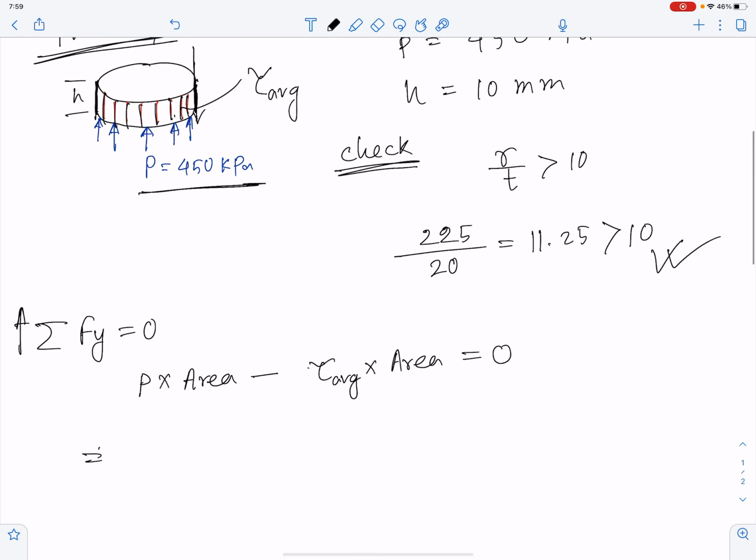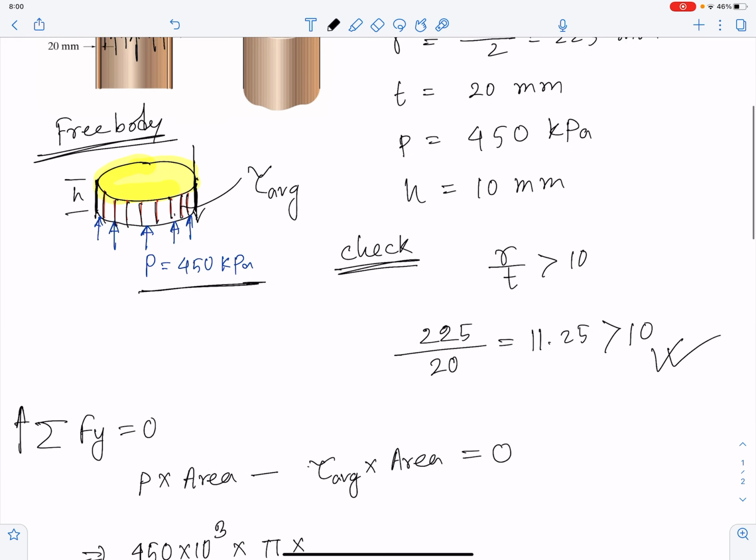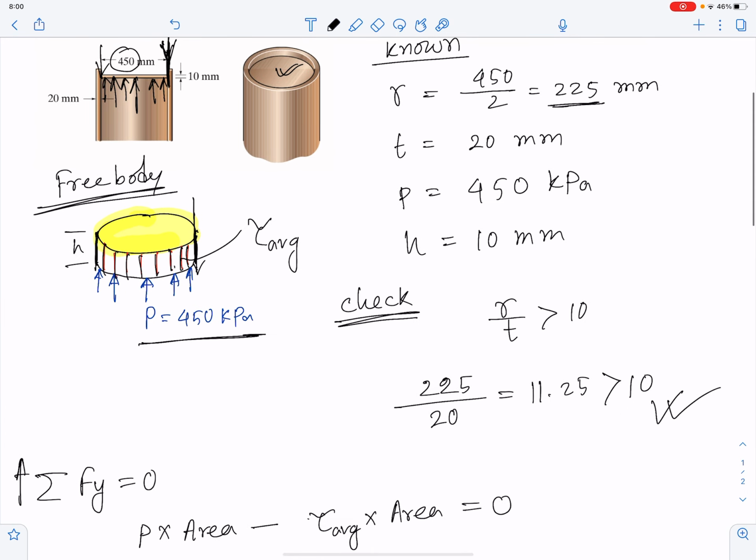Now the pressure acting is 450 kilopascal. Let's convert it to pascal, which is 10 to the power 3, times the area of this cross section, or the inside surface, which would be pi r square, where r equals 225 millimeter.